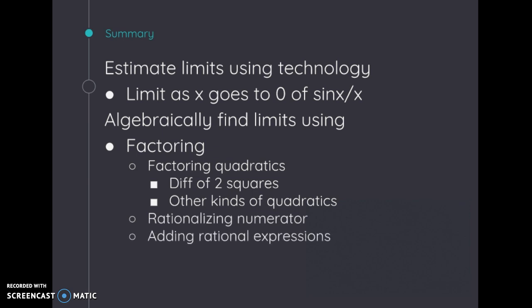I showed you that sometimes you have to add rational expressions or subtract rational expressions in order to find these limits. And then we might use limits that you already know combined with maybe rewriting trig functions in different ways. So it's kind of a lot of different skills, but it's all skills that build on things that you have done in the past.